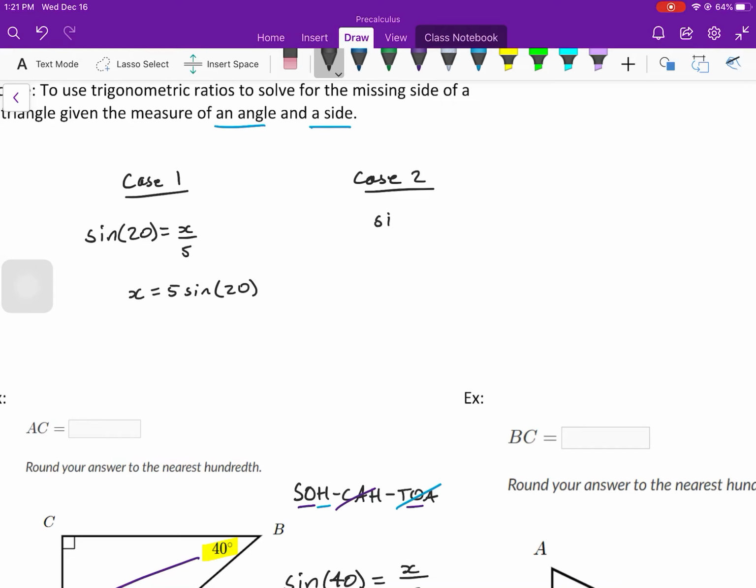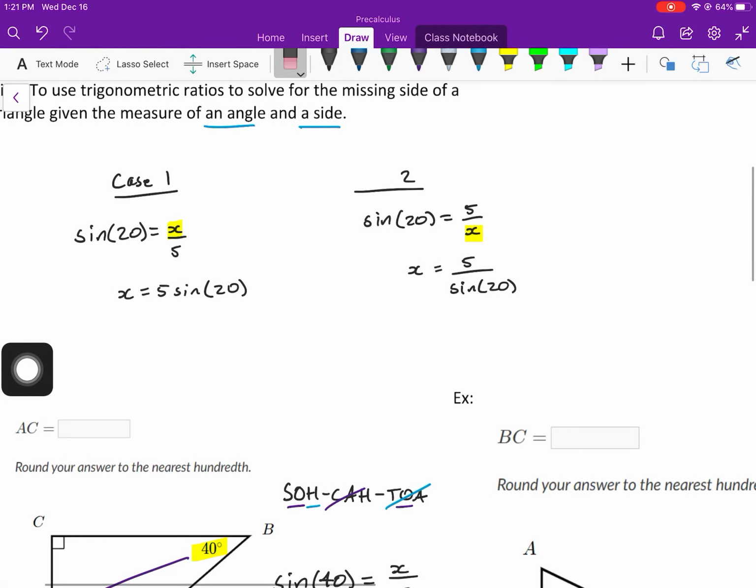The other situation you might run into is where x ends up on the bottom. So notice here x is on the top, here x is on the bottom. Now if you put this over 1, cross multiply, and solve for x, you're going to end up with the final result of 5 over sine of 20. So notice here we take 5 and multiply it by the trig function. Over here we take 5 and divide it by the trig function if x was on the bottom.